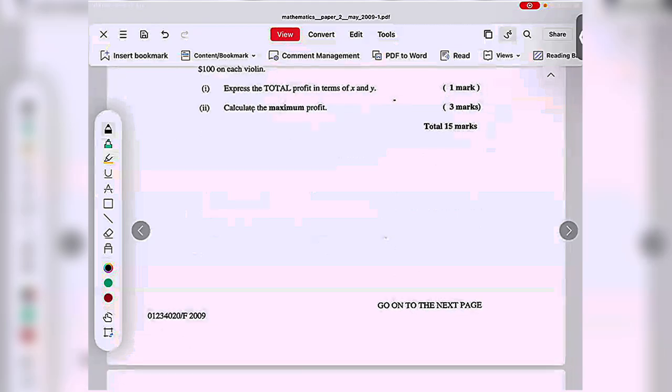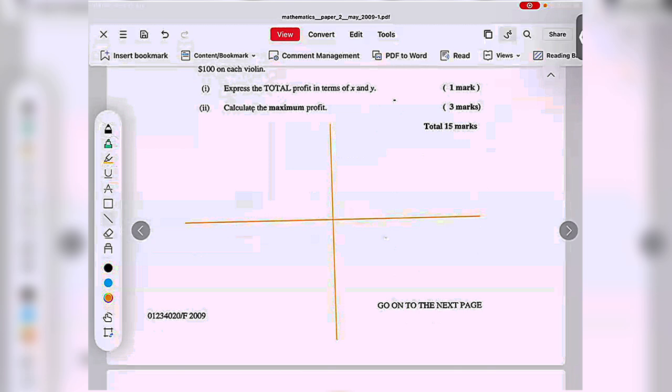So that means that we need the graph. Now, once again, just like in regular class, we have our axes.